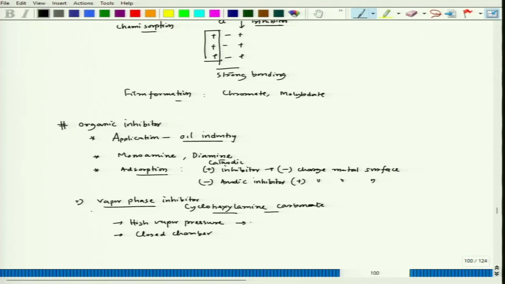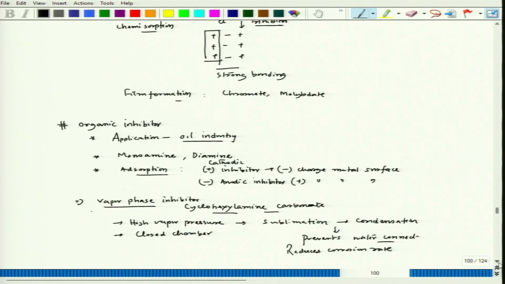When it prevents contact with water, definitely the corrosion rate reduces, because water is one of the carriers for charges, and if we reduce the moisture, the corrosion rate reduces greatly. So, this works through sublimation and then subsequent condensation, and prevents water contact. Fine, that reduces the corrosion rate.